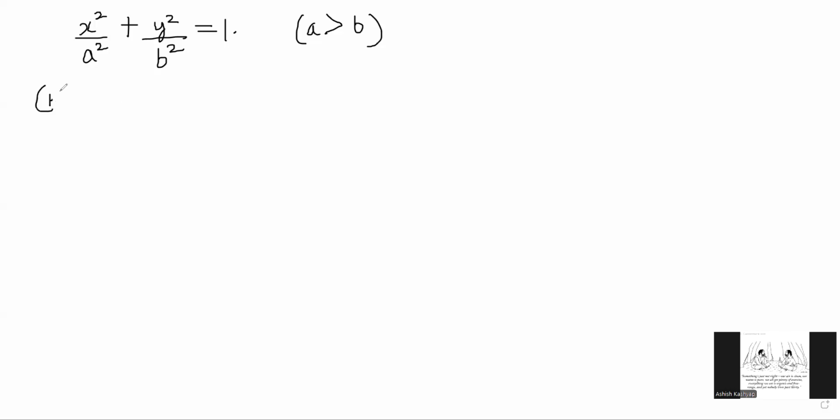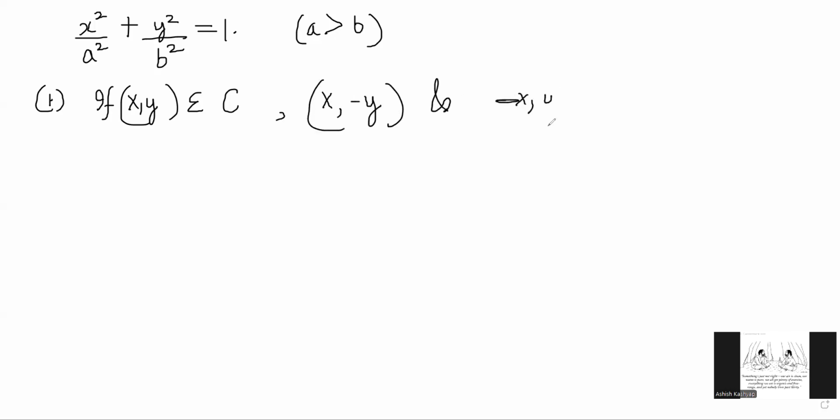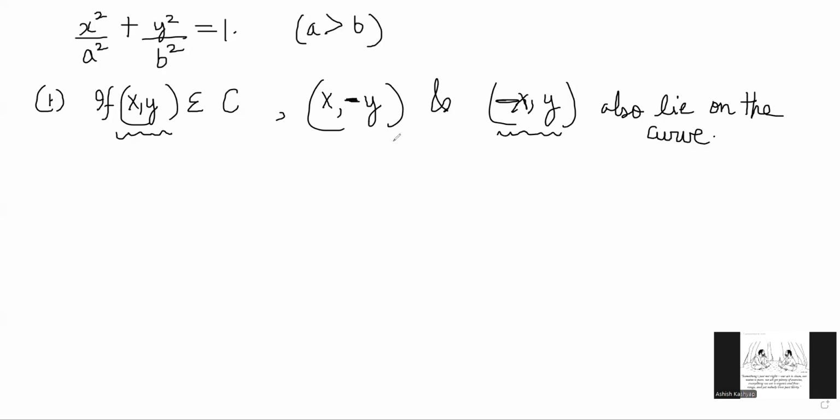So first of all, notice that if x comma y belongs to the curve, then x comma minus y and minus x comma y also lie on the curve. So notice that x comma minus y is the reflection of this point in the x-axis, whereas minus x comma y is the reflection of this point in the y-axis.